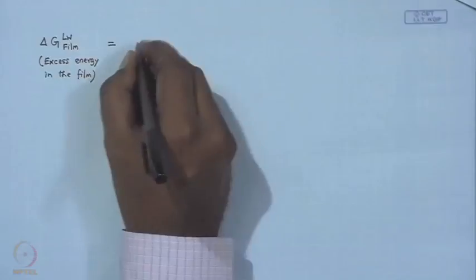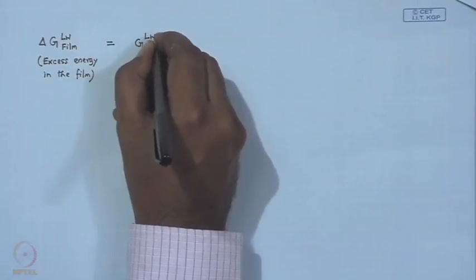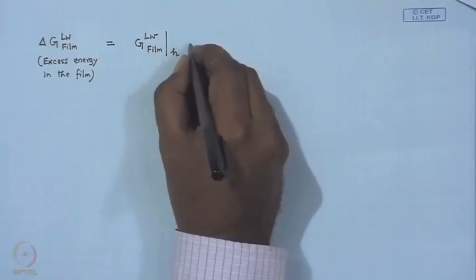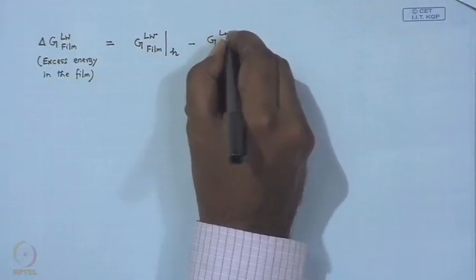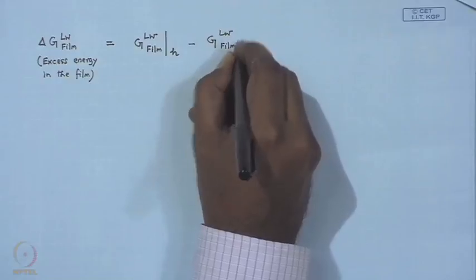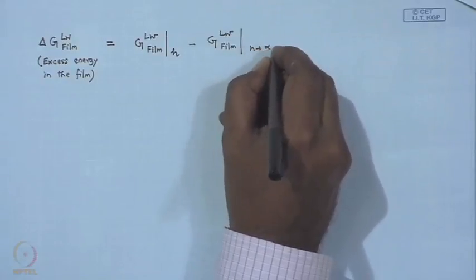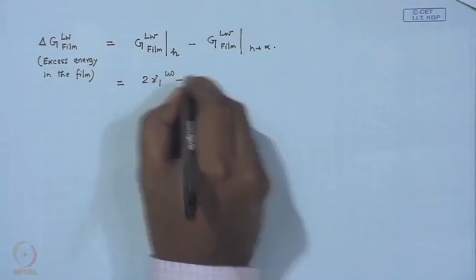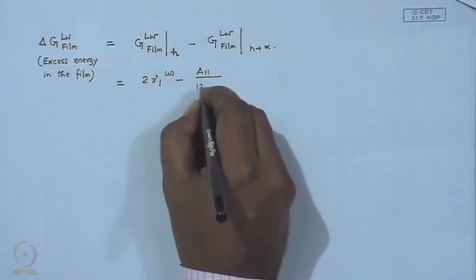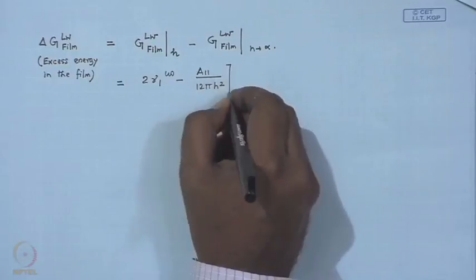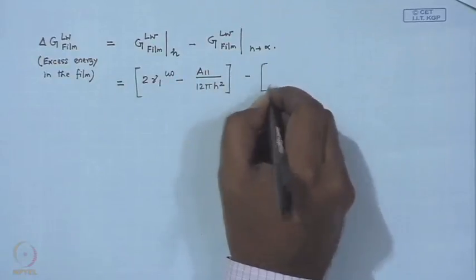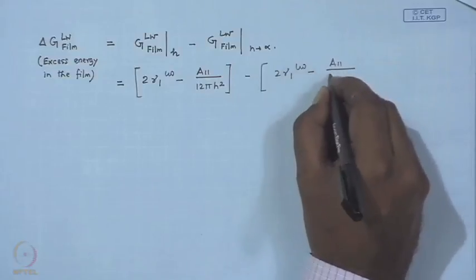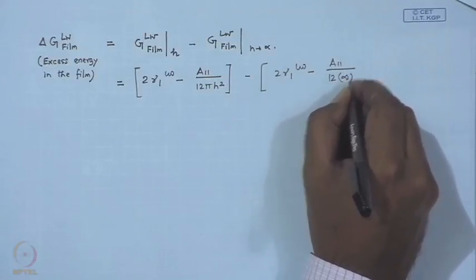This is for a film, the energy of film corresponding to a finite thickness h minus the energy of film had it been infinitely thick. So, you see the first term will be 2 gamma 1 LW minus A11 divided by 12 pi h square in the first case, and in the second case the term will be 2 gamma 1 LW minus A11 divided by 12 into you substitute infinity here.